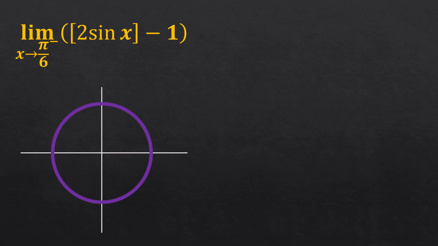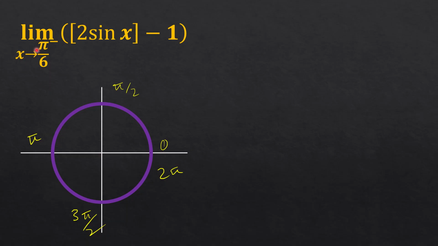If this is showing the angle of x, then here the angle is 0, here it is pi over 2, here it is pi, 3 times pi over 2, and 2 times pi.